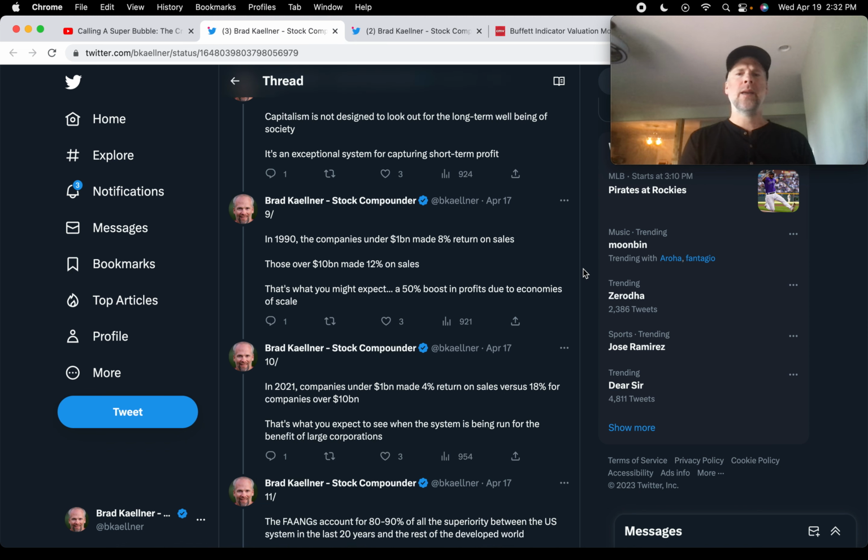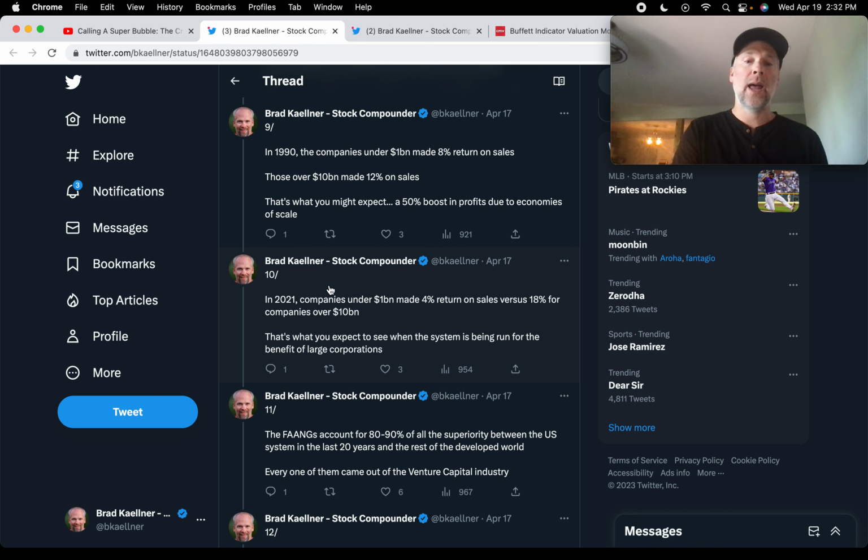In 1990, the companies under 1 billion, I think that's in market cap, made 8% return on sales. Those over 10 billion, so kind of the large cap universe, made 12% on sales. And Grantham's saying, that's kind of to be expected. You get a bit of a boost in profit margins with economies of scale. That's what you might expect.